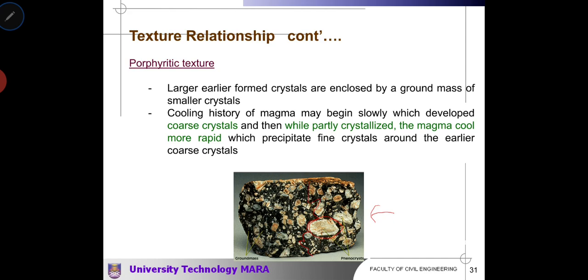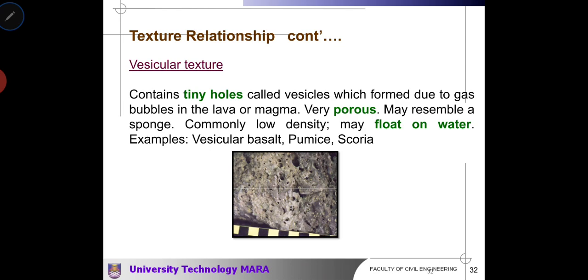And why can this kind of rock form? Because a part of it experienced a very slow cooling process, and a part of the rock experienced a rapid cooling process.